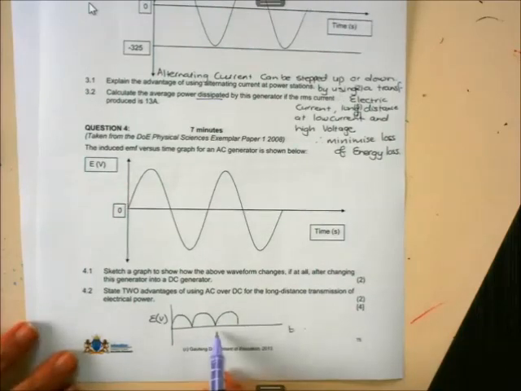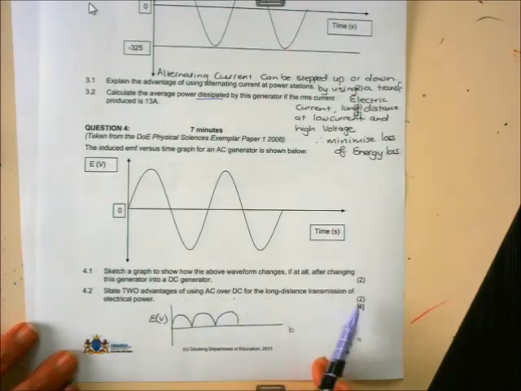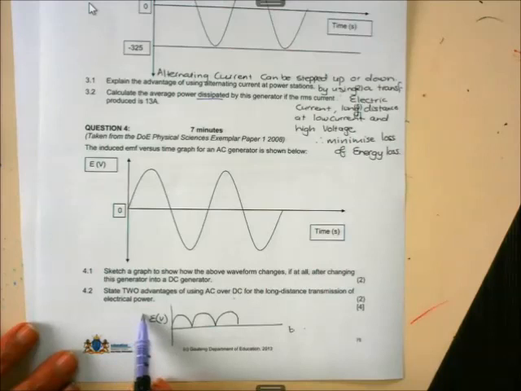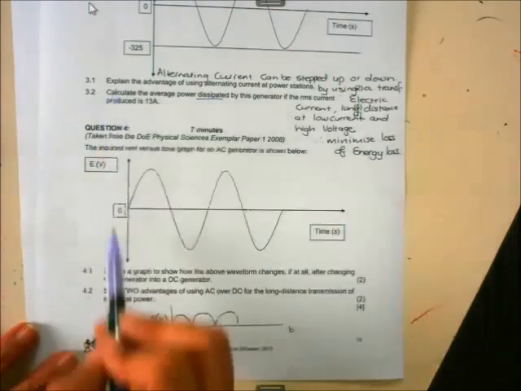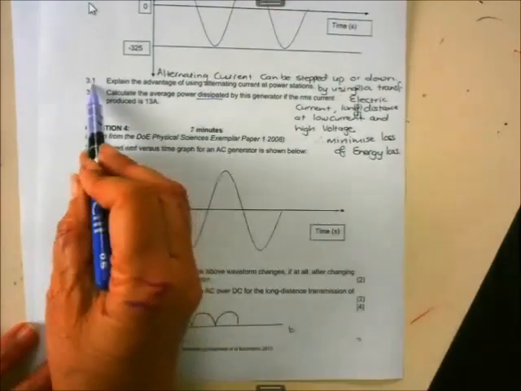State 2 advantages of AC over DC for long distance transmission of electrical power. It's exactly the same question we had in 3.1.